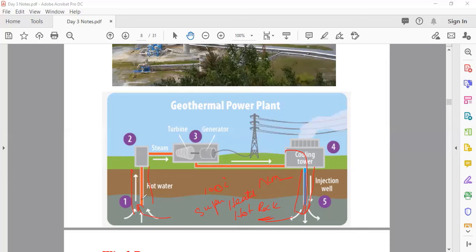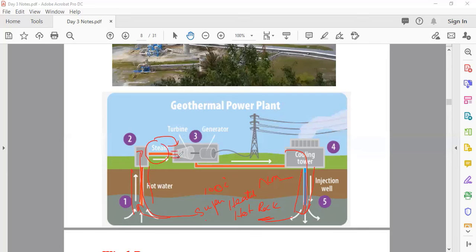The rocks will not convert into steam, because they are not hot water. The rocks will just be used to heat the water. Rocks will not convert into anything. Their heat is used to boil the water only. And that water, when it becomes steam, comes up, and that steam goes to the turbine.